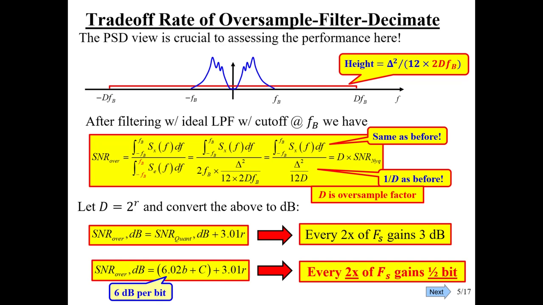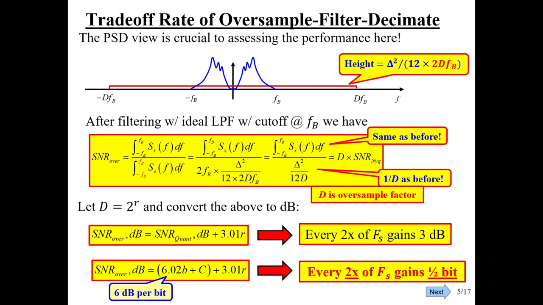So let's think about how that trade compares to actually physically adding a bit. Remember, for this SNR quantization or SNR Nyquist, whichever I call it, in dB, I had 6.02B plus C. Remember that C depended on the level of the signal and also its crest factor. But I still get 6 dB per bit.